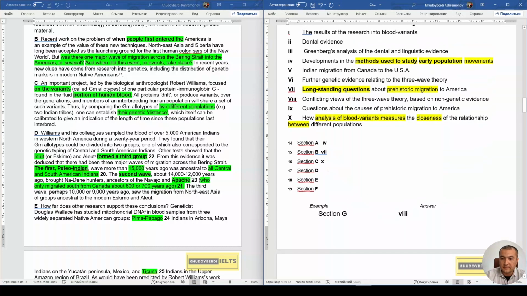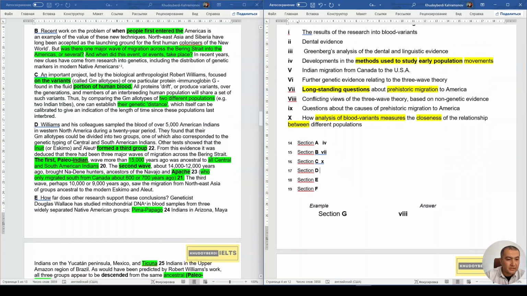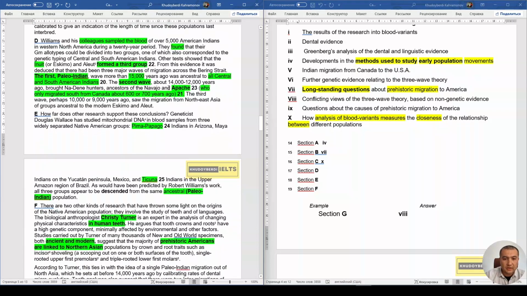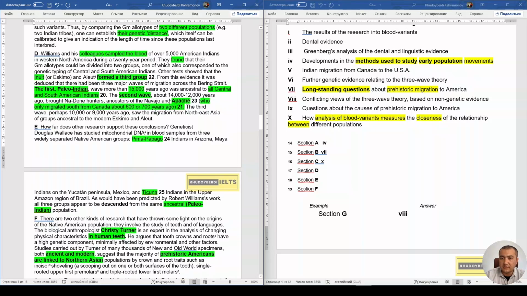And next, section D. Williams and his colleagues sampled the blood of over 5,000 Americans. So they sampled the blood of Indians in Western North America during a 20-year period. They got the result, right? All types of blood could be divided into two groups.